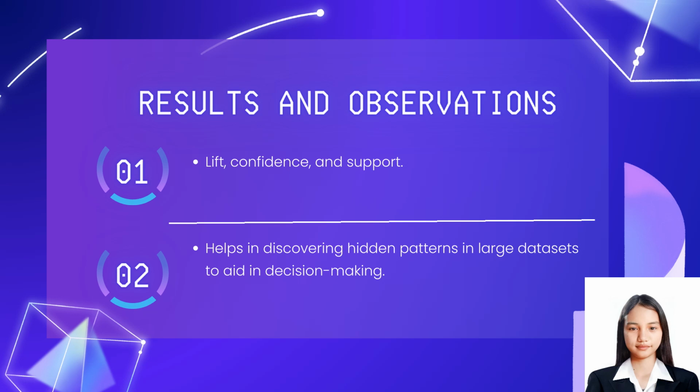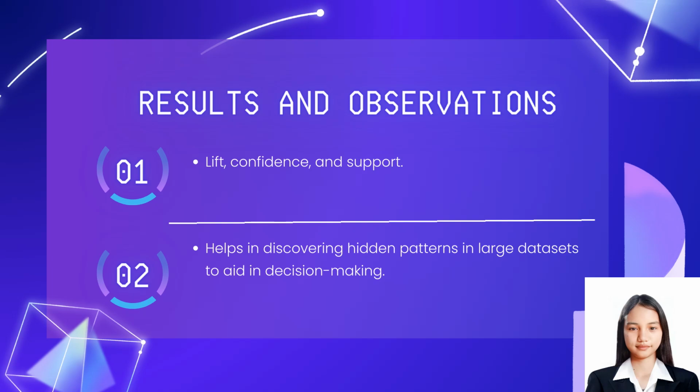Analyzing the results and observations from applying the Apriori algorithm reveals valuable insights into the dataset structure and associations. The algorithm effectively identifies frequent item sets and generates association rules with metrics such as support, confidence, and lift.